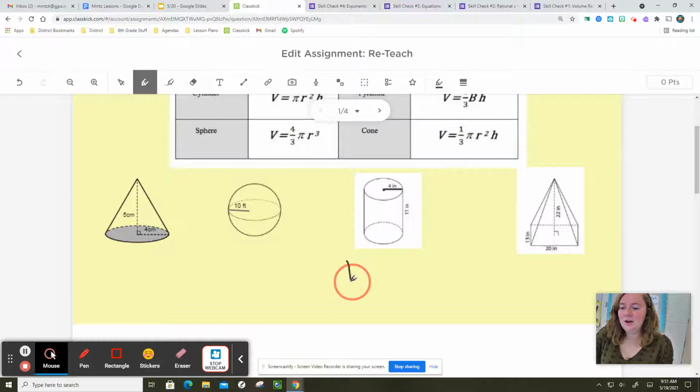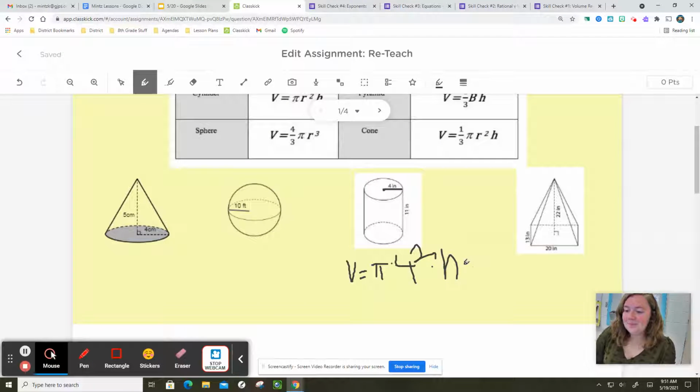All right. So we got our volume equals pi times 4 squared and then times our height. So 4 squared, that's 4 times 4, so we know that's 16. We know our height is going to be 11.